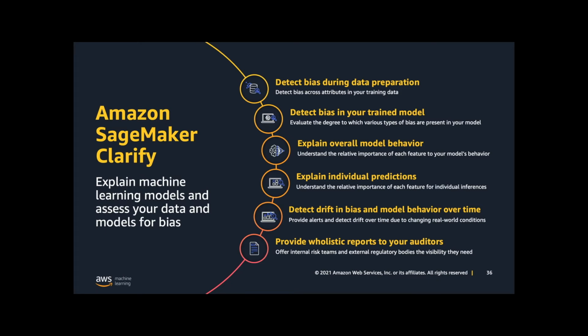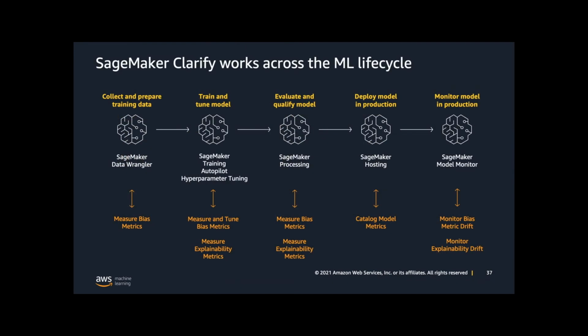So it not only works with data preparation, but it covers the entire life cycle of the machine learning process. We're going to have a lab this Friday where we'll provide examples on how to identify bias in your model and how to solve it, right? We're going to be providing more details.